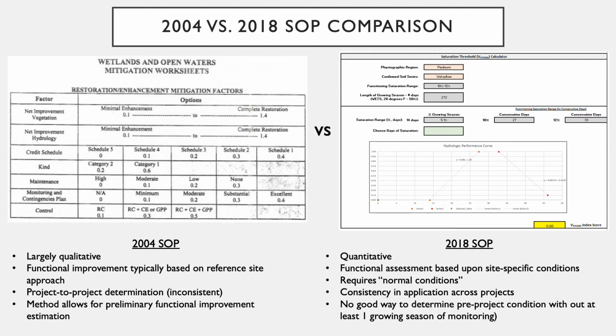Whereas now what we have is a quantitative, unbiased means of calculating function, but we have lost some ability to project or estimate post-project conditions, and we have some limitations in regard to requirements of climate normality and a relatively significant amount of monitoring data that's required to demonstrate wetland function.